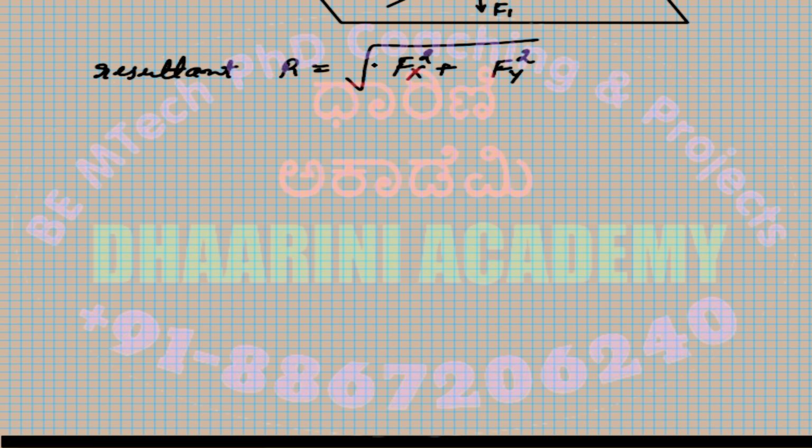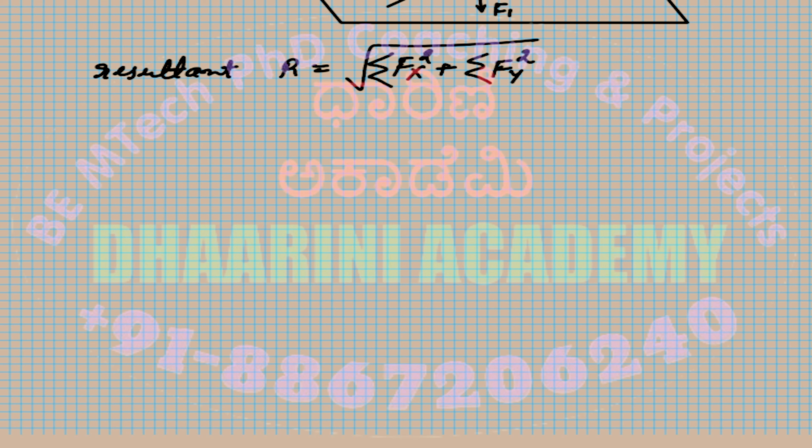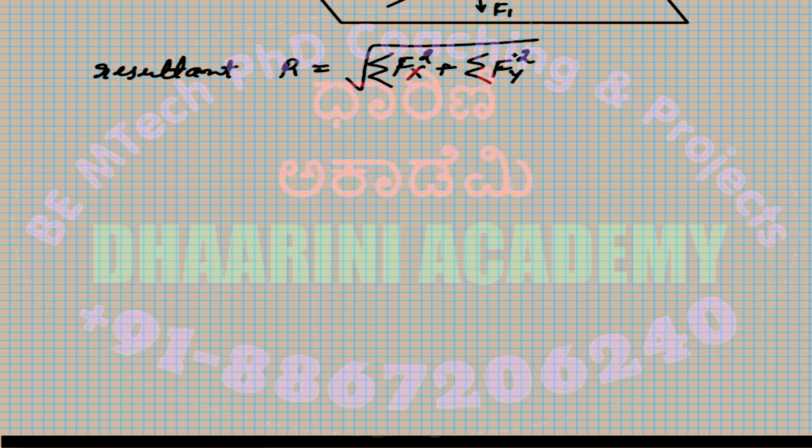So this is sum of the Fx squares and sum of the Fy squares. I'll make the things very clear when we solve a problem. I have to take a summation of Fx, square it, summation of Fy also square it. If you want, you can put a bracket here because square comes outside. So summation of Fx whole square, summation Fy whole square.